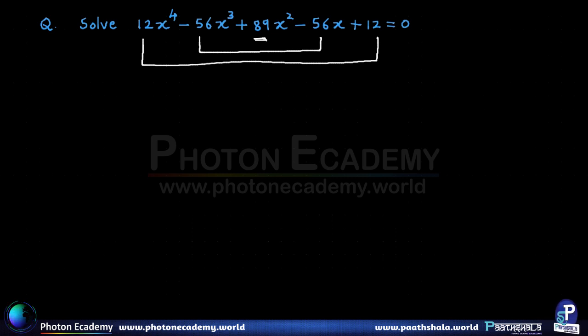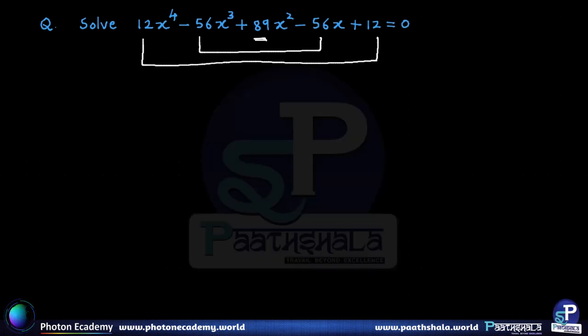12x raised to 4 and 12 need to be combined, same for the remaining. But since we have to somehow reduce this to a quadratic equation which we can easily solve, first we divide throughout by x squared, the degree of the central term.